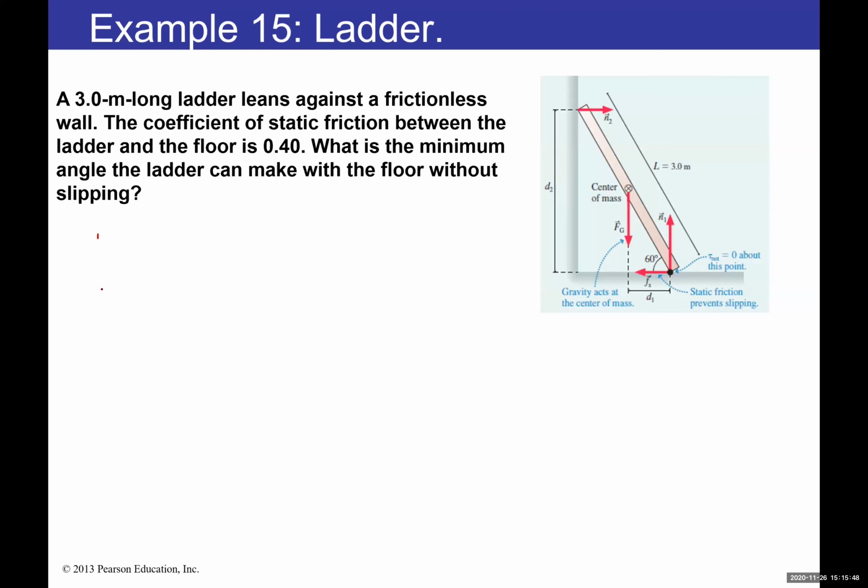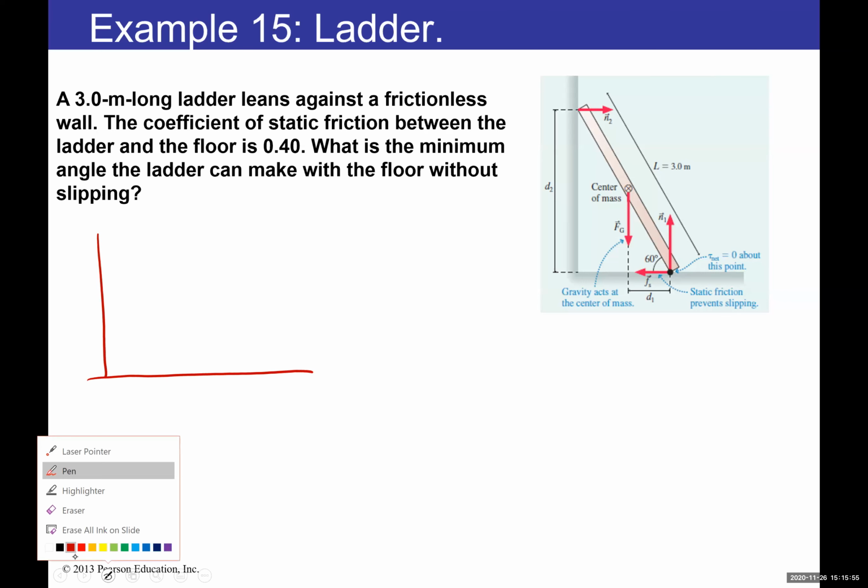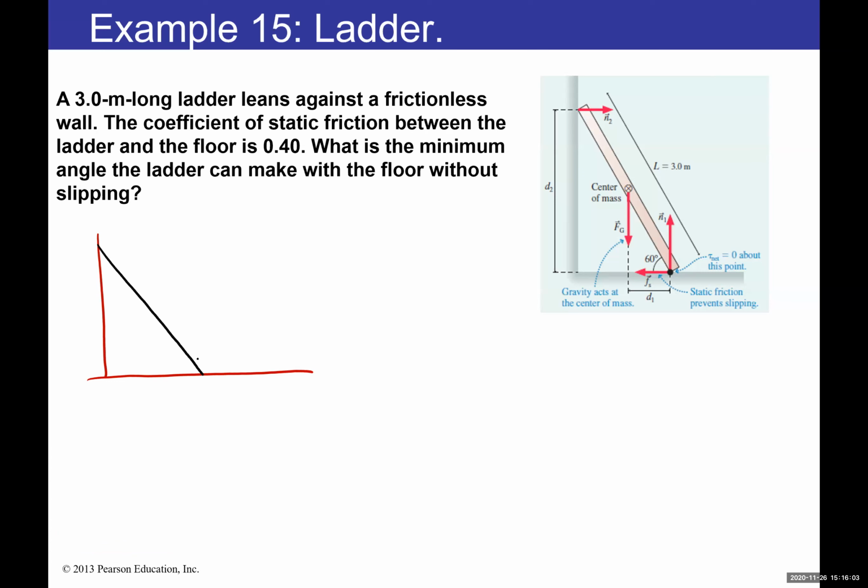All right, so let me do my own free body diagram so I can explain as we go. Let's say here's the ladder like this. It makes two points of contact, right? One is right here with the wall, and another one right there.